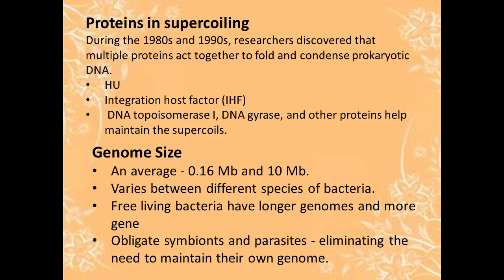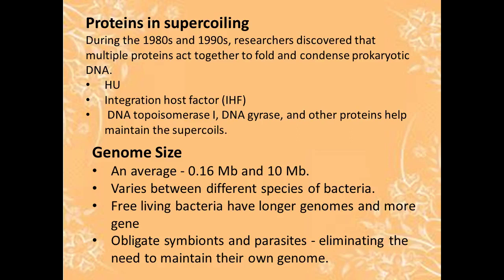Recent studies have also shown that other proteins, including integration host factor, IHF, can bind to specific sequences within the genome and introduce additional bends. The folded DNA is then organized into a variety of conformations that are supercoiled and wound around tetramers of the HU protein, much like eukaryotic chromosomes are wrapped around histones. Once the prokaryotic genome has been condensed, DNA topoisomerase 1, DNA gyrase, and other proteins help maintain the supercoils.